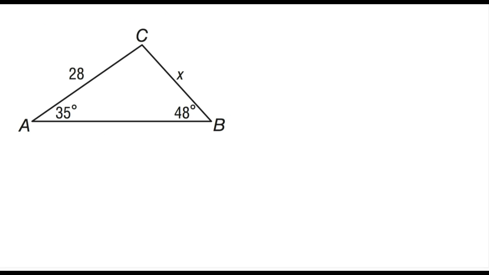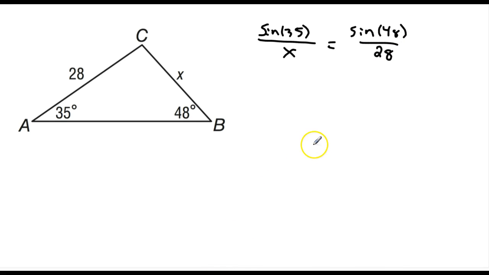And so hopefully you see here that we can use the law of sines to figure this out. So I'm going to say that the sine of 35, put that over the side across from it, which is x, is equal to the sine of 48 over the side across from it, which is 28. And the rest is just cross multiplying and solving.